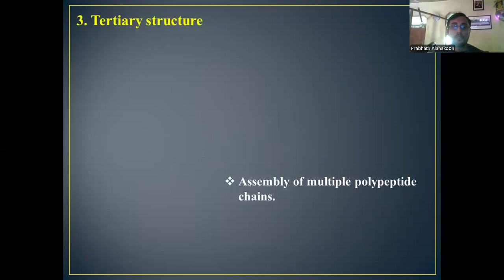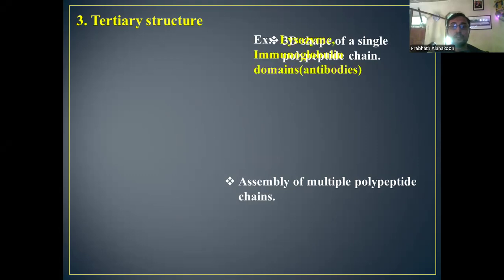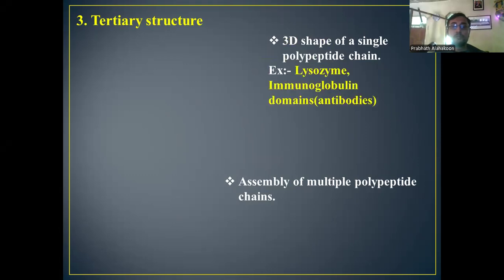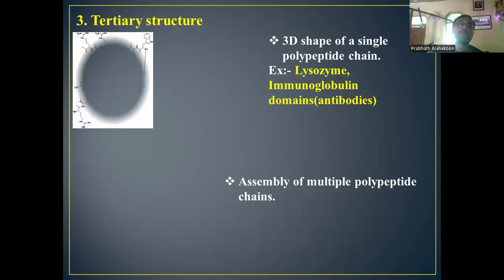Okay, now we discuss another structure level. It is tertiary structure. It contains the 3D shape of a single polypeptide chain. Examples of tertiary structure proteins: lysozyme, immunoglobulin domains, also known as antibodies.